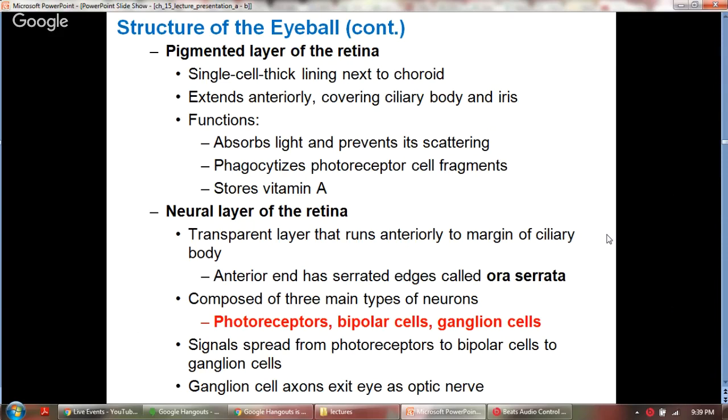It has phagocytosis activity, and it can also store vitamin A. The neural layer is a transparent layer which runs anteriorly to the margin of the ciliary body, and it's composed of three main types of neuron: photoreceptors, bipolar cells, and ganglion cells. The signal spreads from photoreceptors to the bipolar cells to the ganglion cells, whose axons exit the eye as the optic nerve.